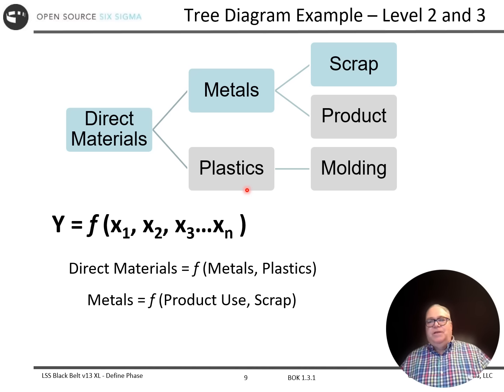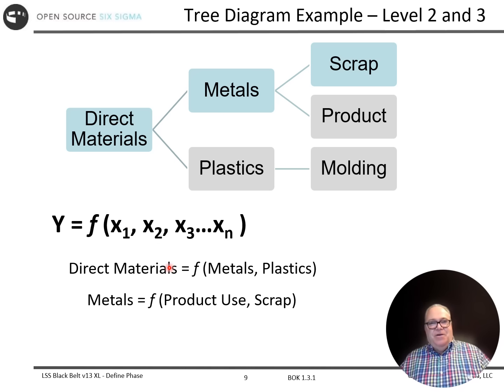So am I talking about the scrap levels or the metal that's used in the product itself? And so here we've gone from material cost to direct materials to metals to scrap. And you can see we're getting honed in on something I can kind of wrap my arms around and come up with a project improvement idea.